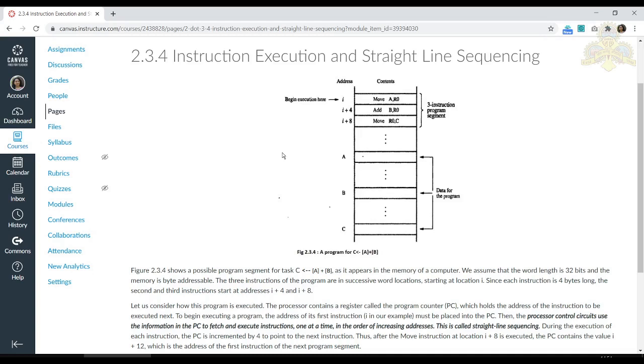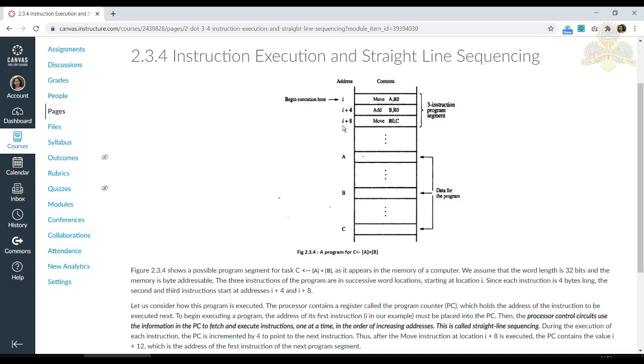Once the address is transferred to the MAR, that location's instruction is fetched and executed. In the meanwhile, while the instruction is being executed, the PC points to the next instruction, that is I plus 4. When this second instruction is executed, the PC points to the third instruction.